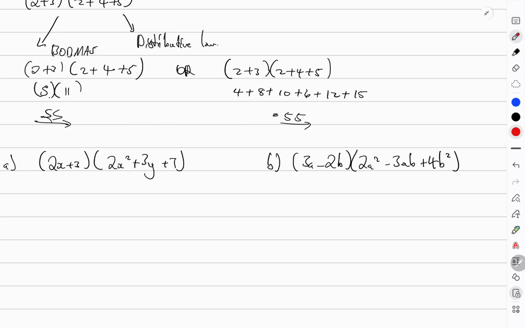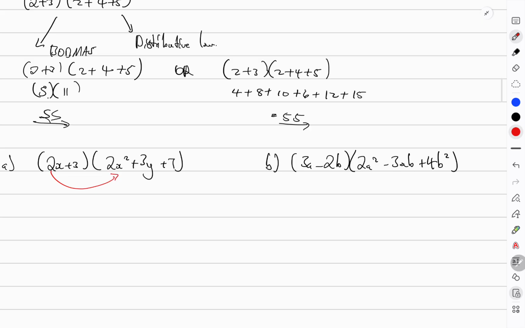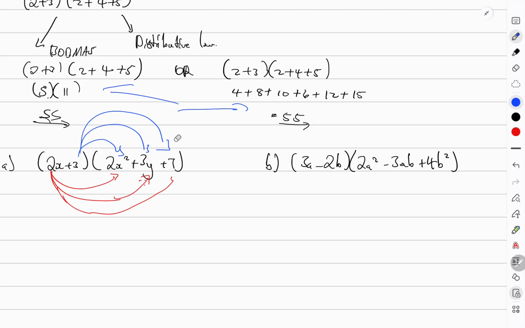Therefore, if I multiply the 2x with the 2x squared, the 2x with the 3y, the 2x with the 7, and the 3 multiplies the 2x squared, the 3 multiplies the 3y, and the 3 multiplies the 7, the answer will be the same as if I would have used BODMAS. Therefore, I have to distribute.